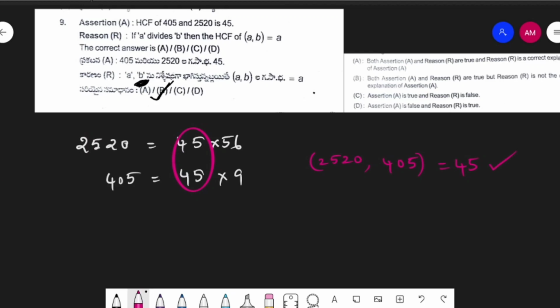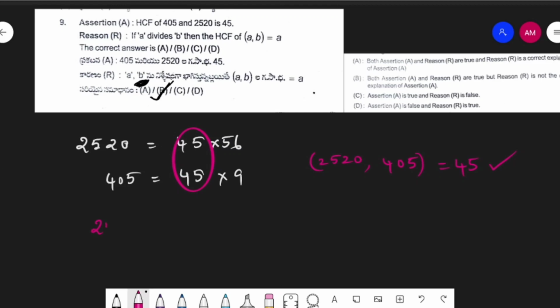So the assertion is true. So we can have option A, B or C, as the assertion is true. Let us move to the reason. If A divides B, then HCF of A, B is equal to A. This is a true statement, but it is not the correct reason for the assertion. If 405 were divisible by 2520, then we could simply write the HCF.